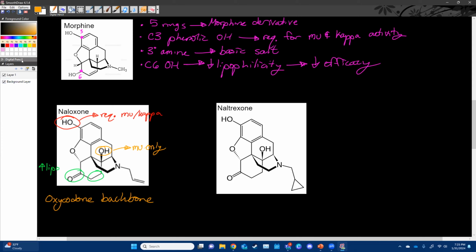One of the last aspects of the morphinans is that we need to have an interaction on this nitrogen. So what we do is we stick a bulky group.